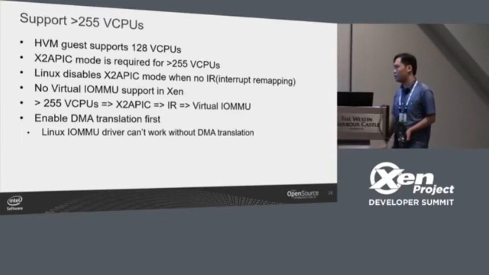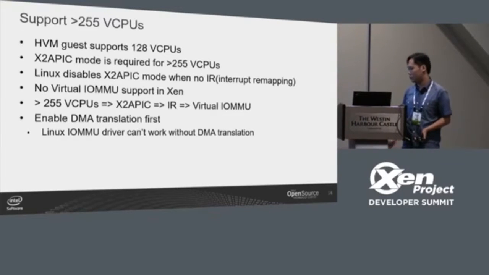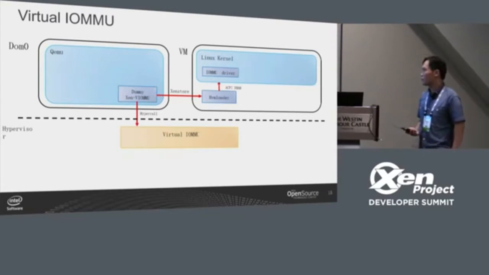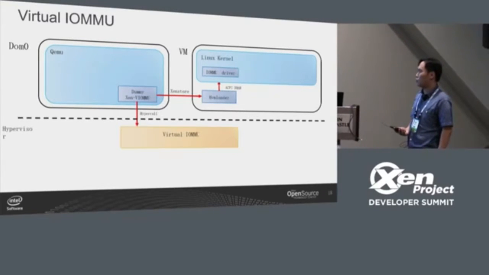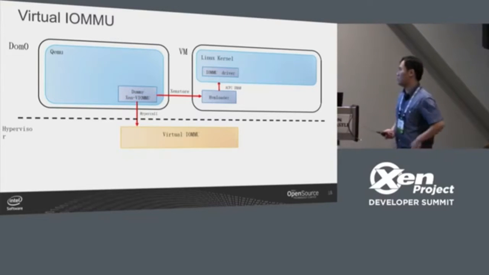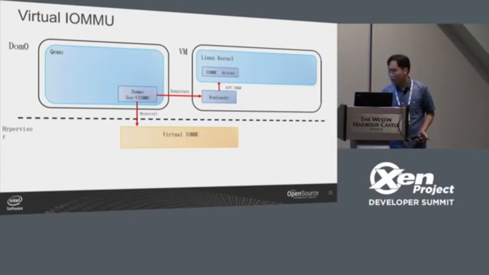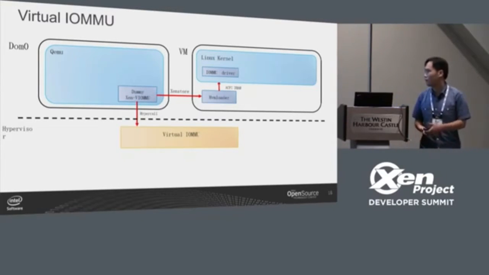We have a high-level design for the virtual IOMMU support. Next, I will go through it quickly. In our design, there are two parts. One part is the virtual IOMMU device model, which lives in the Xen hypervisor.